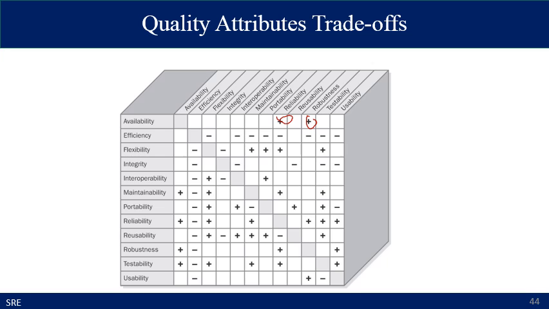Similarly, if you increase portability, there are some requirement considerations which are inverse to portability, such as efficiency, maintainability, and usability. You can go through this table, and this is again a generic table to refer to as a guideline, and it may not be accurate for all of your projects.